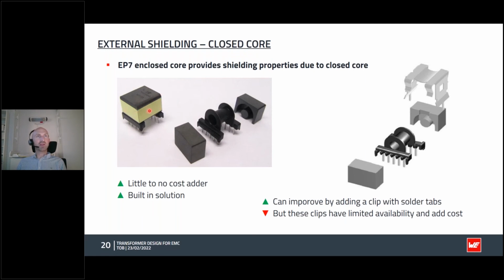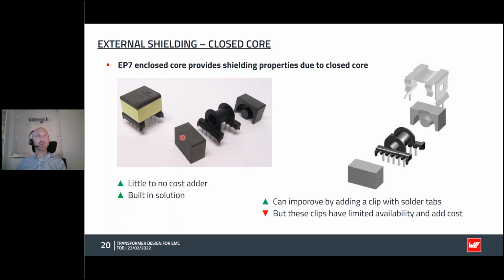So all 5 exposed surfaces are covered with this core, and that core can shield, again, the radiation from the windings, and also dampen the signals that are radiated out into the air.